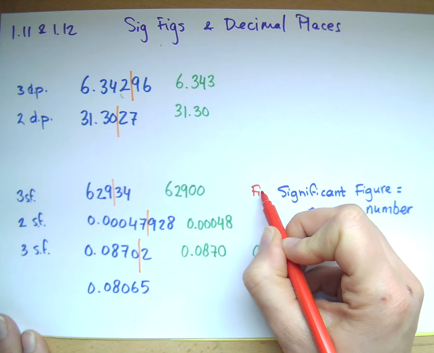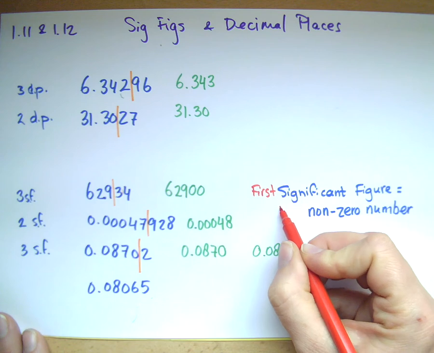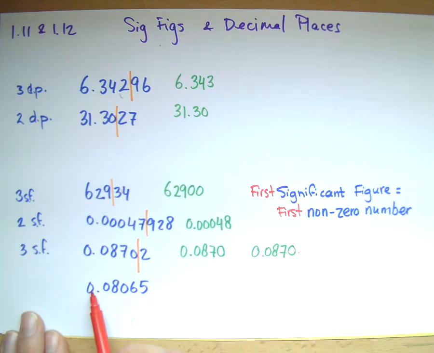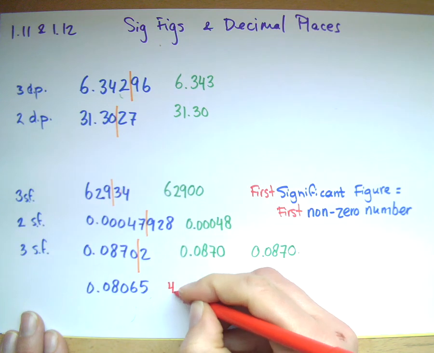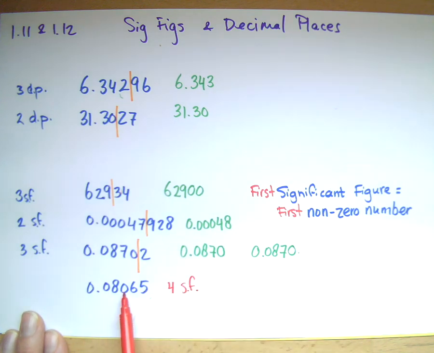Right, I should say, the first significant figure in your number is the first non-zero number, right? Boom, that's the first one, that's the second one, third one, fourth one. So this has 4 significant figures, even though this 0 is a 0, right? It's between the other numbers, so it's significant.